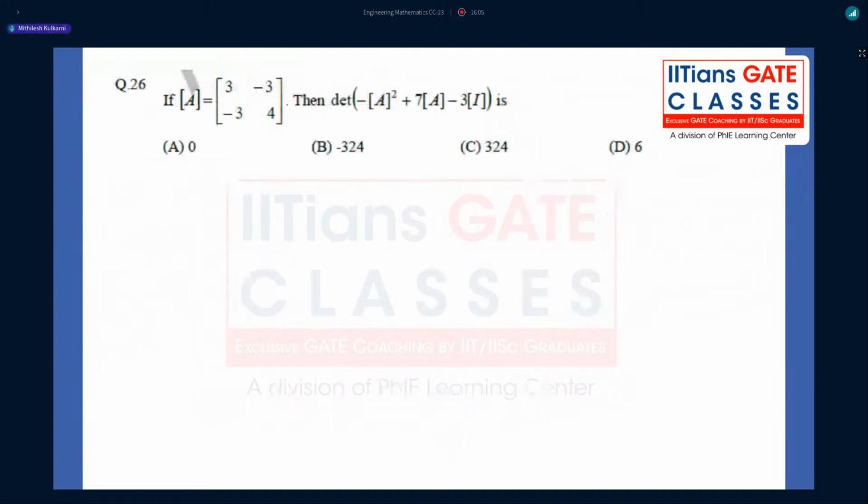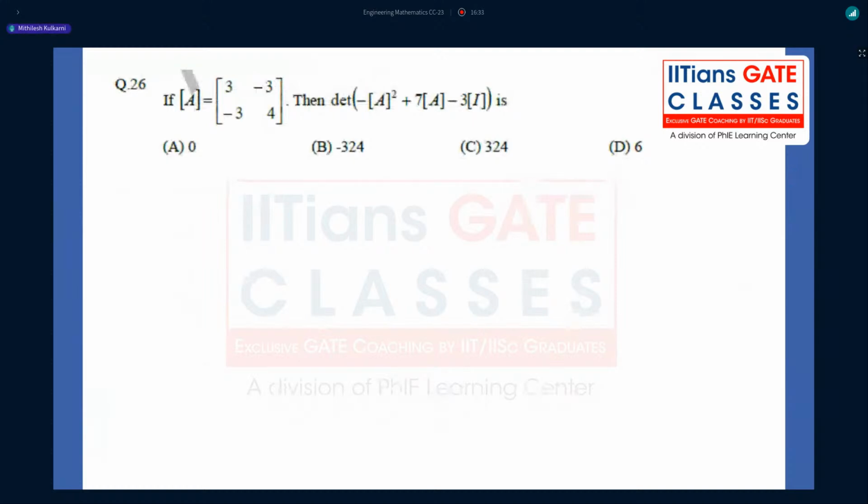Coming towards the next question, from here the 2 marks questions are starting. This question is from linear algebra, from the eigenvalues and eigenvectors topic. We have a matrix A here, and we are supposed to calculate the determinant of the equation A squared plus 7A minus 3I.